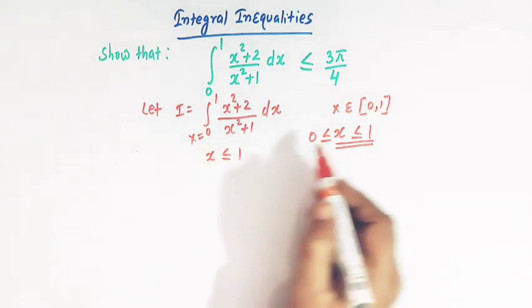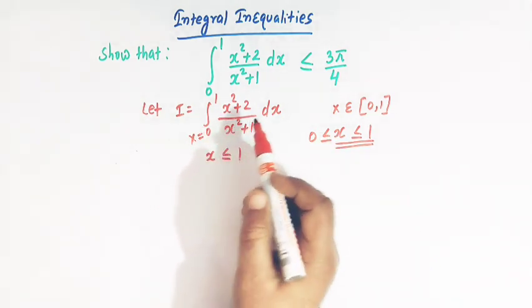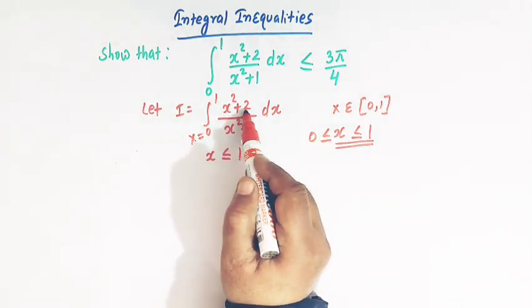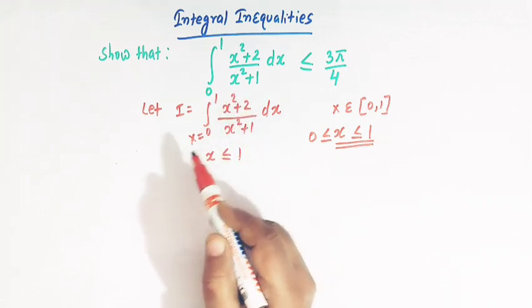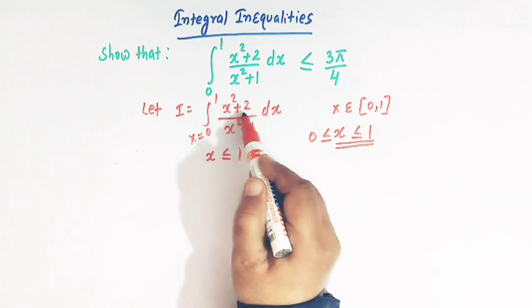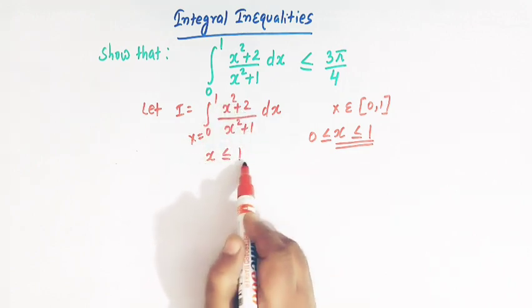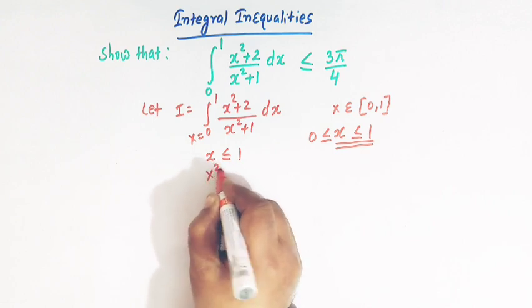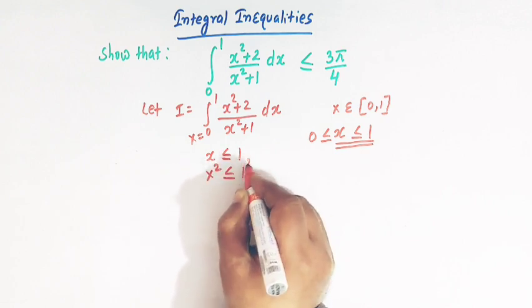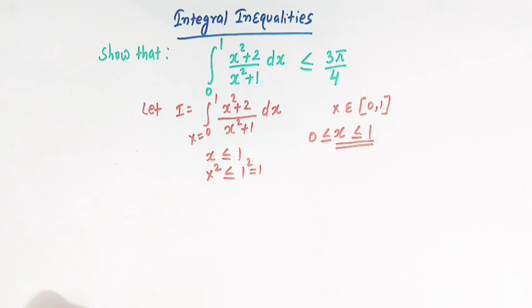Now here we have x square plus 2 in the numerator, so we will first try to get this term x square plus 2. What we will do is take the square of both sides. So we get x square, and here we have 1 square, which is equal to 1.